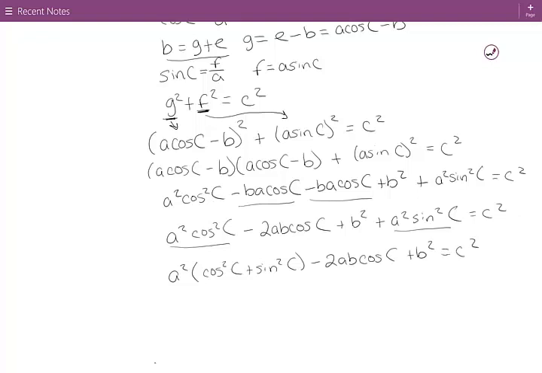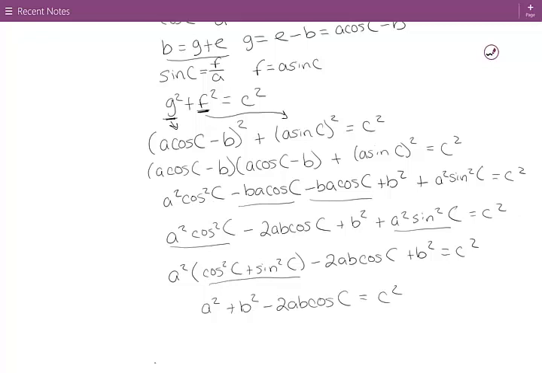Then this right here is equal to 1, and combining everything in alphabetical order, A squared plus B squared minus 2ab cosine of C is equal to c squared.